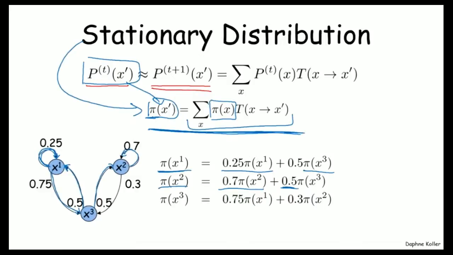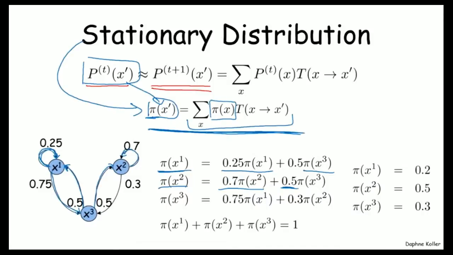This by itself is an underdetermined system because you can multiply all of the pi's by a factor of 100 and it would still be a solution, but we can add the one constraint that the sum of all the pi's has to be 1, which is because it's a probability distribution. Once you do that, you end up with a unique solution to the system of linear equations. And it's not difficult to plug those pi's into the system and confirm that indeed this is the stationary distribution that satisfies these equations.